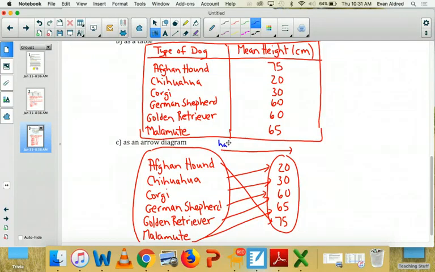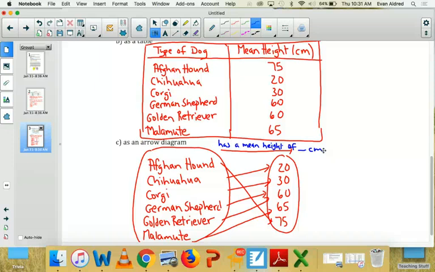And I would write something like, has a mean height of blank centimeters. Okay, so then if you were reading that, you would read it as something like, an Afghan Hound has a mean height of 75 centimeters. A Chihuahua has a mean height of 20 centimeters.